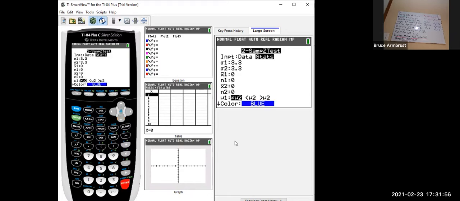Okay, so now we're ready to put stuff in. This one we don't have data, we're just going to put in the stats. But let's see what we got. We need first the standard deviations for both populations, and in this case they were both 7.